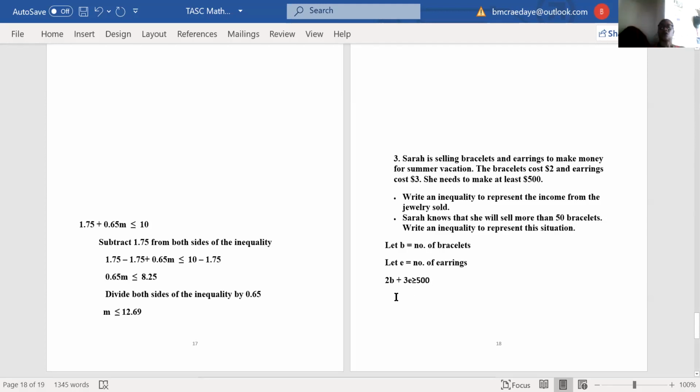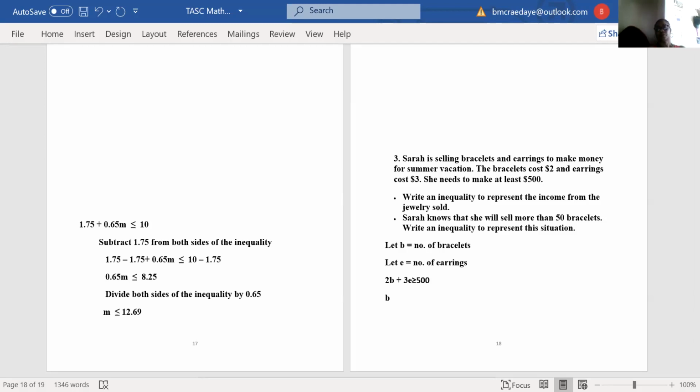It says she will sell more than 50 bracelets, right? B represents the number of bracelets.